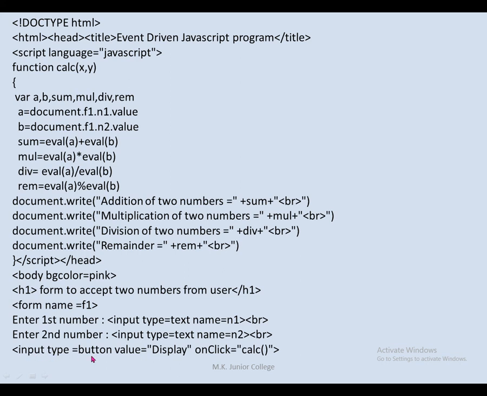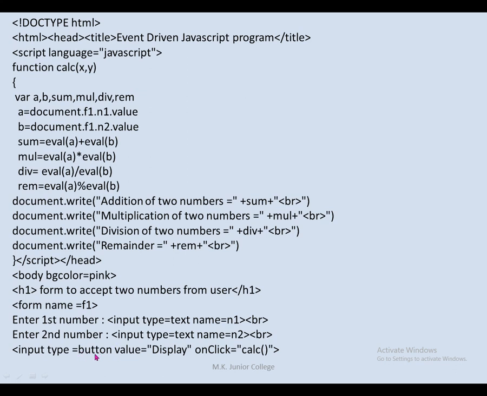Now here, input type button, it must be remembered. Usually, as you practice, you write most of the time input type submit, input type reset. But from now onwards in JavaScript, whenever you create an event driven program, you have to remember the input must be button, because you are not creating a submit button.